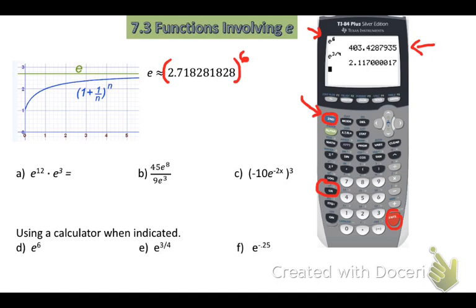So for letter E, we could put e to the 3/4, or if you feel more comfortable, go ahead and use a decimal, e, and it would be raised to the power of 0.75. And then the last one, F, e to the negative 0.25. So that's going to be sent to the denominator because of the negative.